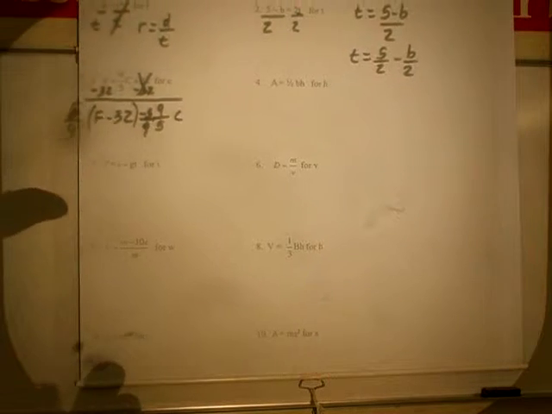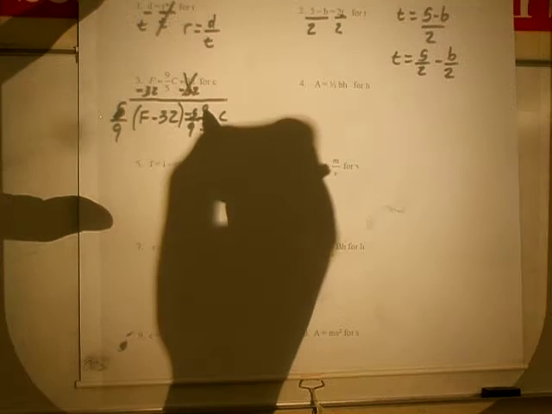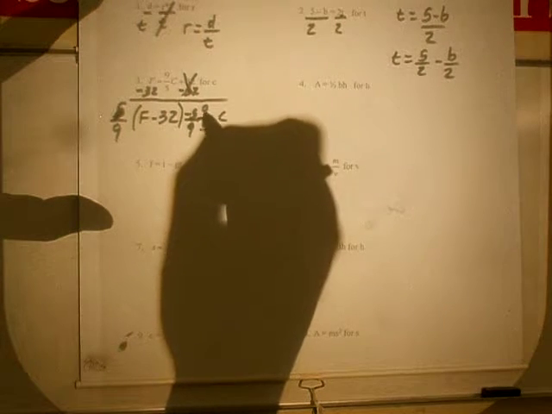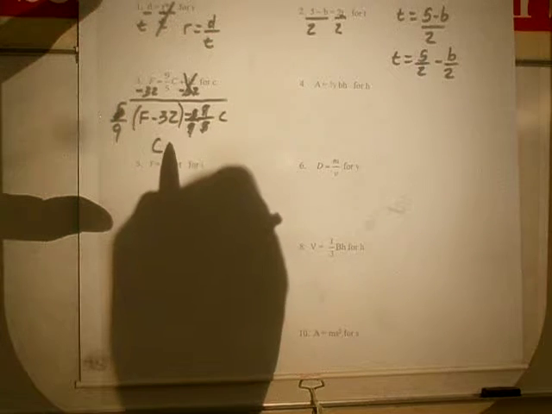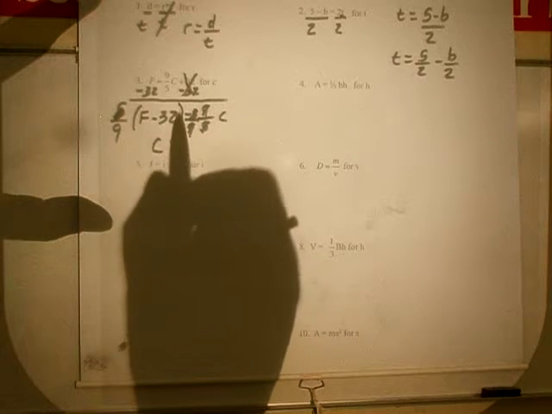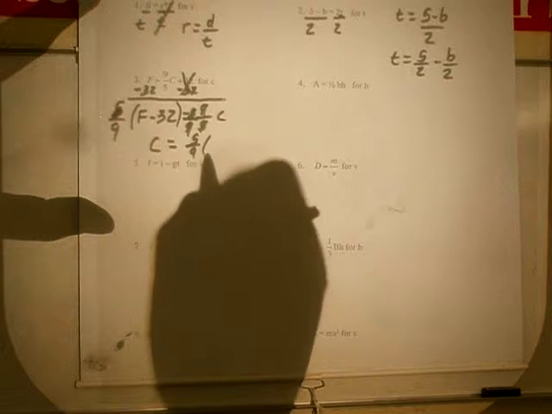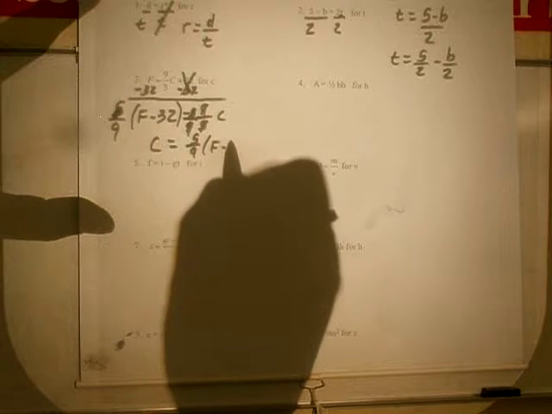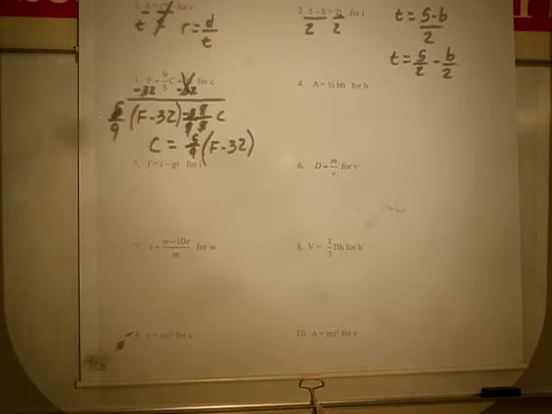When you multiply by the reciprocal, these cancel out, and you're left with a C. And on this side, we had to multiply the whole thing, so you have 5/9 times F minus 32. That's your answer.